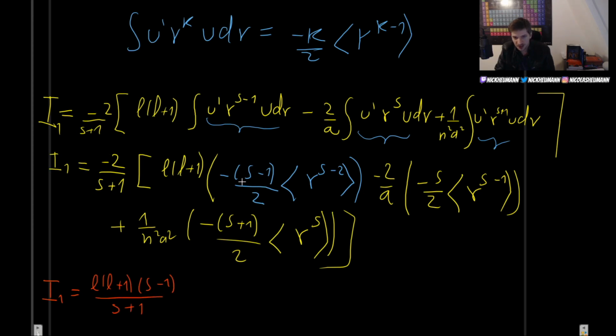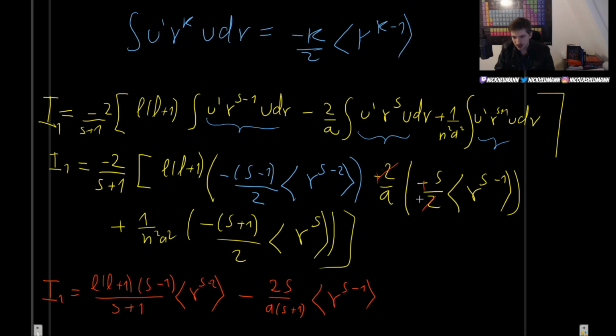The minus sign here cancelled this minus sign, and the 2 cancelled this 2. And then we get r to the s minus 2. Okay, then we have this. We have minus minus, so we get a plus. This 2 cancels out this 2. And we are left with a minus sign from the outside times 2s divided by a times s plus 1 and times the expectation value of r to the s minus 1.